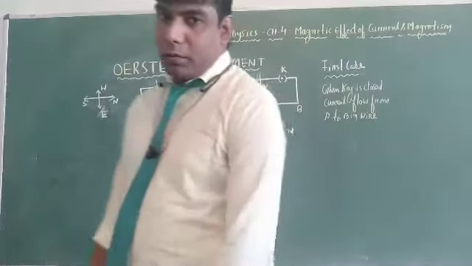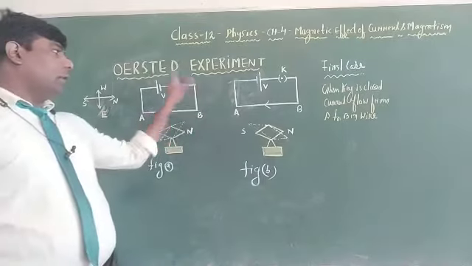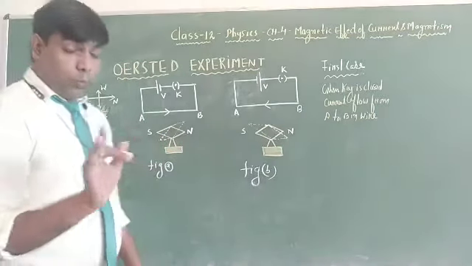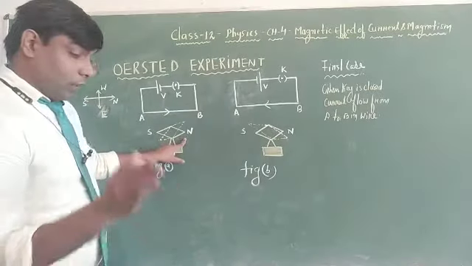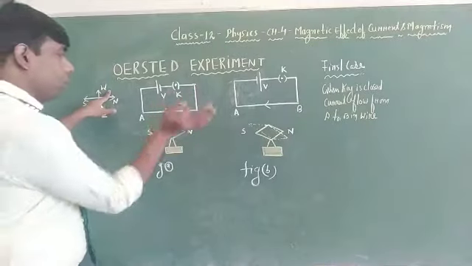when the switch key is closed, the current will flow from A to B, that is, from the positive terminal of the battery to the negative terminal. Then what will happen? It is seen that the north pole of the magnet gets deflected towards the west direction. See here, the west direction is this way.